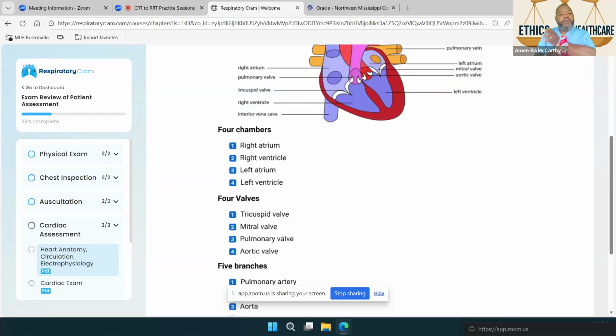The right side is your pulmonary side, right? So after it leaves the left ventricle, it then goes through, and it's hard to see up in there, but inside there is the aortic valve, right? Into the aorta, which is this one here, and then to the body. Okay, that process you have to have down pat. And this is the cross section of it here. Now they won't ask many questions about your carotid arteries and carotid veins, right?